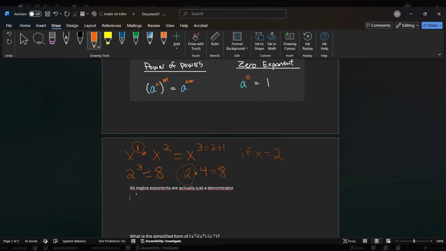See, x to the minus 2 equals 1 divided by x to the 2. Okay, there you go.